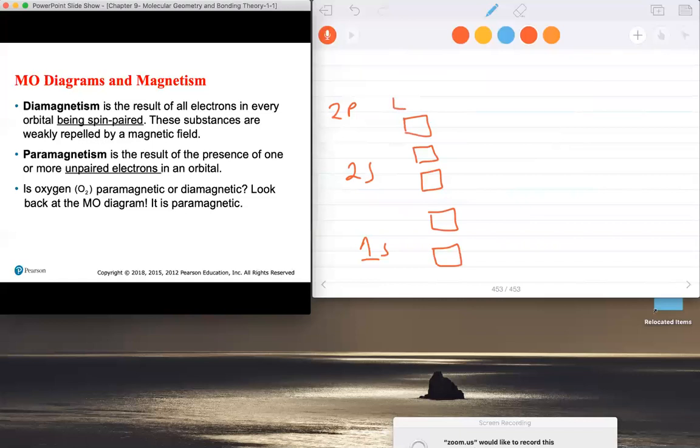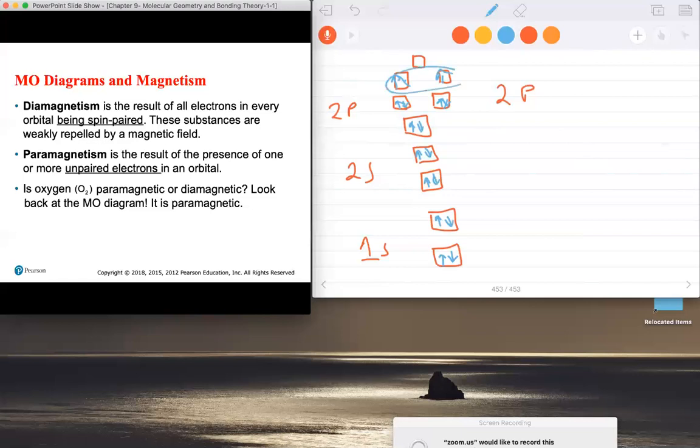So if I fill in the 16 electrons for oxygen, 1, 2, 3, 4, 5, 6, 7, 8, 9, 10, 11, 12, 13, 14, 15, and 16 right there.